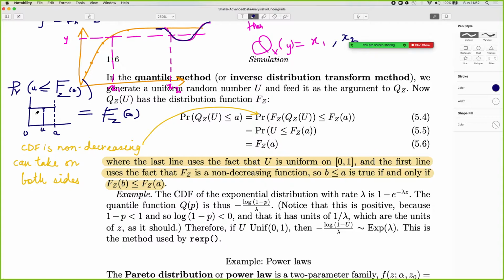Because of this uniform probability, once you start adding up probabilities below it, it adds up to F_U(a) anyway.